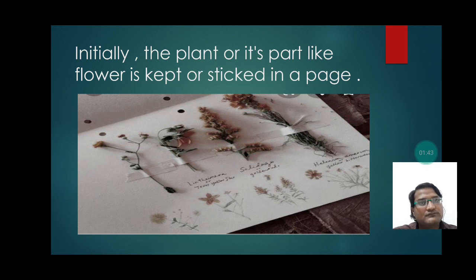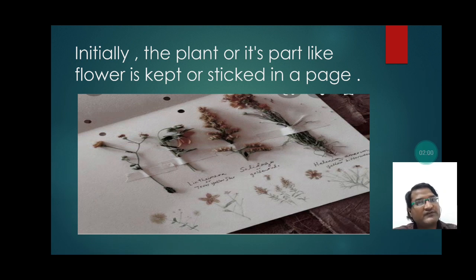Initially, the plant or its part, like flower, is kept or sticked in a page.